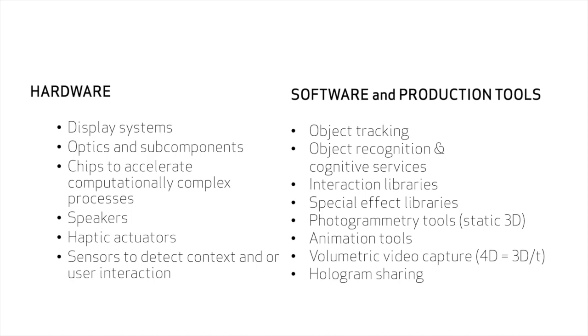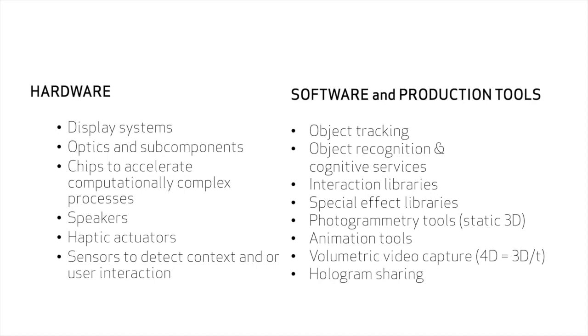Hardware is important. We have already looked at the delivery systems, and if we break that further down, there are different choices you can make with regards to optics and subcomponents. Lenses, for example, and not only the type of projection solution that you want to use, but also the cameras that are built in. They can vary a lot, and things are moving with speed.